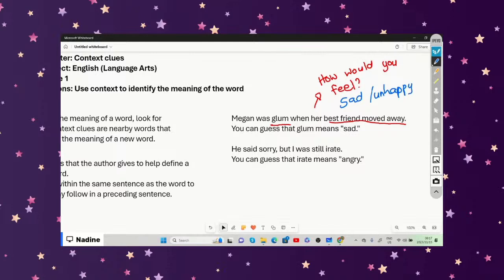So basically, we can then guess that the meaning of the word glum means sad. So glum means sad, and that is based on the clues or hints given to us by the author.